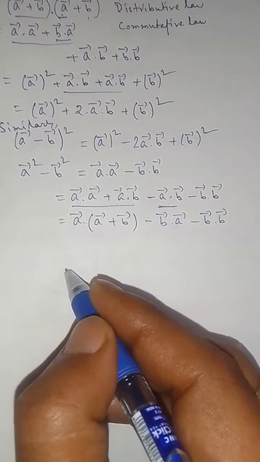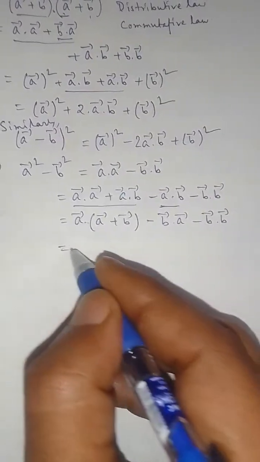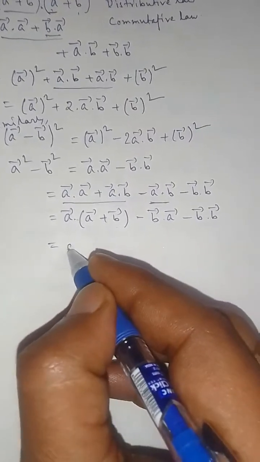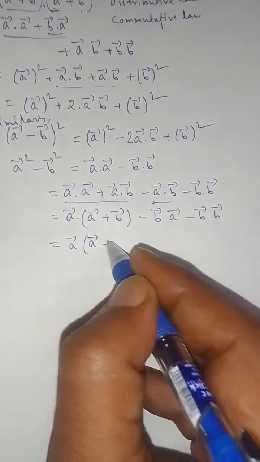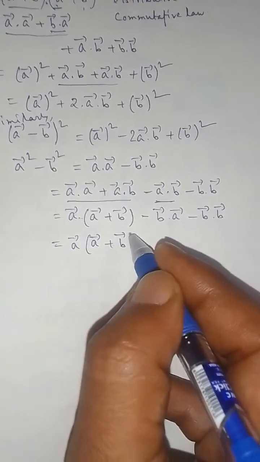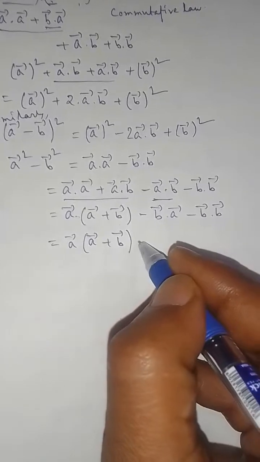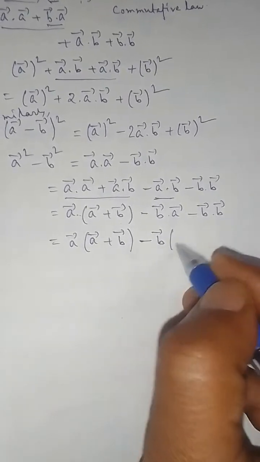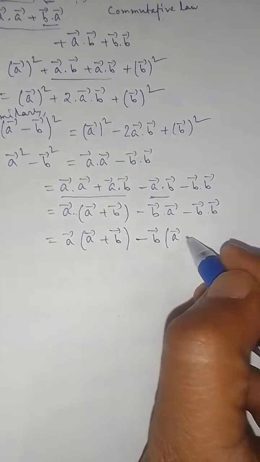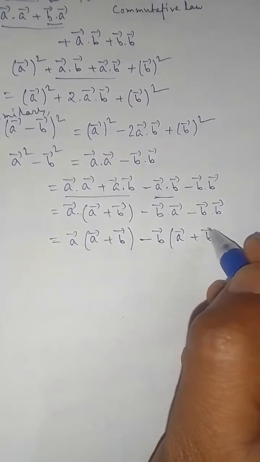It will be a vector and b vector in a bracket. Here it will be b vector and a bracket a vector plus b vector.